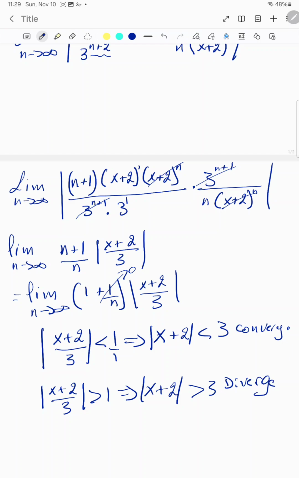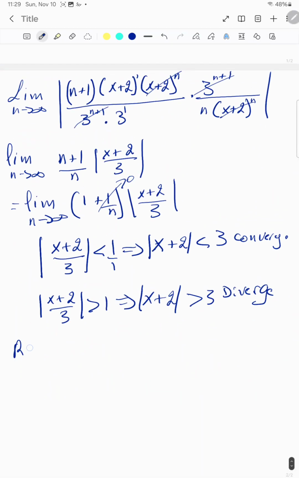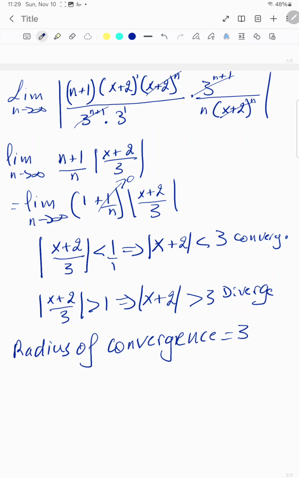So the radius of convergence is equal to 3.